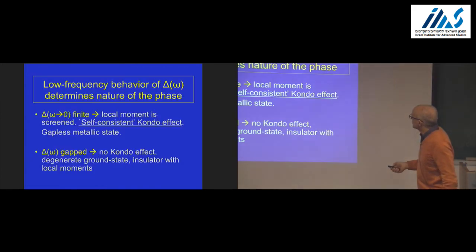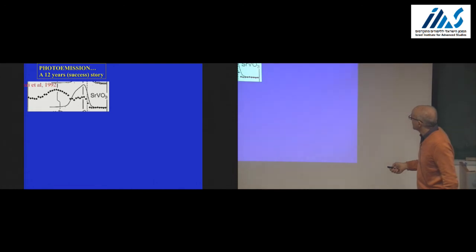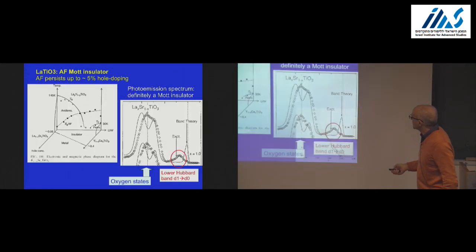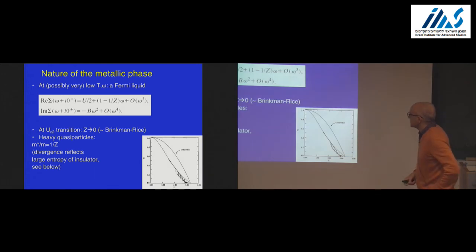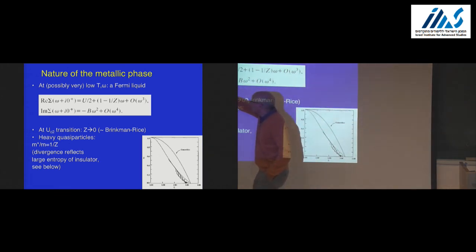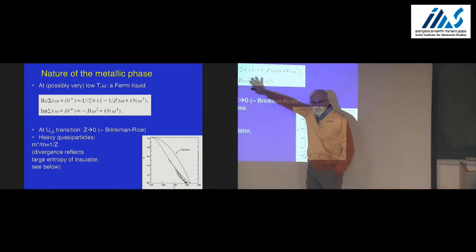I need to skip a lot of things. Let me show you, because they are asking how these things behave. That's the metallic state in this theory, right? The imaginary part of sigma behaves as Fermi liquid theory says it should.